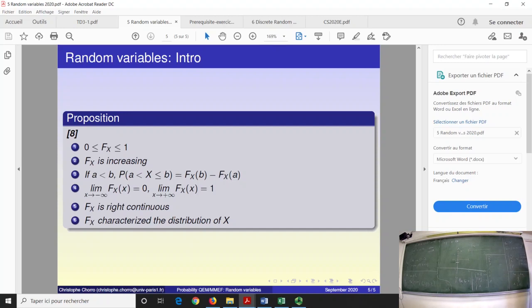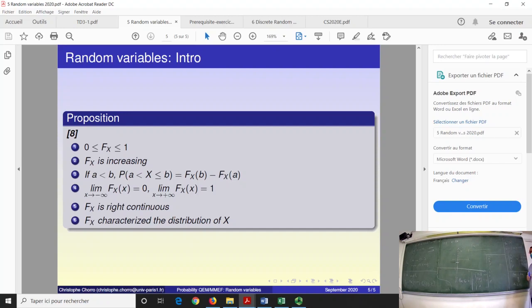Typically, even if it's not that complicated, I want to do the proof of 4, 5, and 6. And 4, 5, and 6 are just a consequence of a result we have seen in the first course. That was the following. When I have an increasing sequence of sets, the probability of the union is equal to the limit of the probabilities.